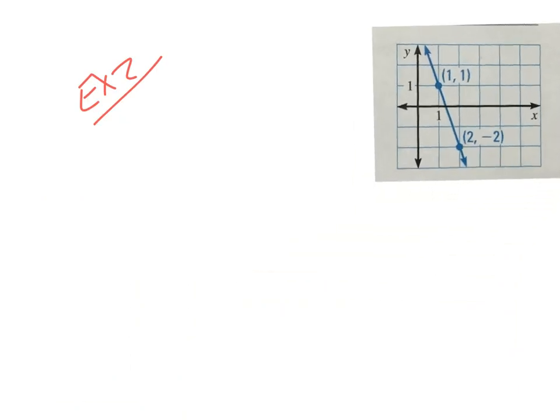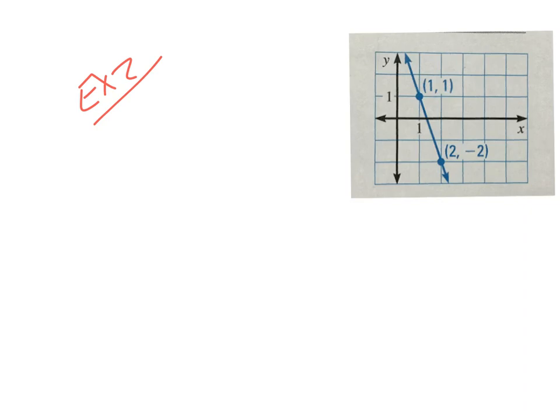All right, let's look at example 2. They would like us to write an equation in standard form of the line that you see in the graph. So what's the first thing I need to do in order to write this standard equation? What do we have over here? We have 2 points.